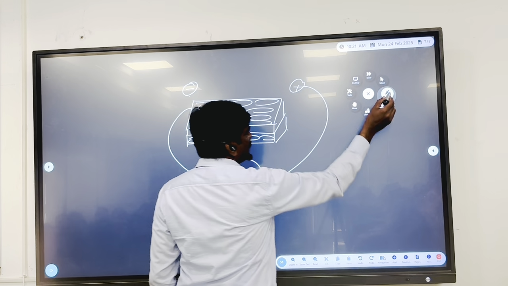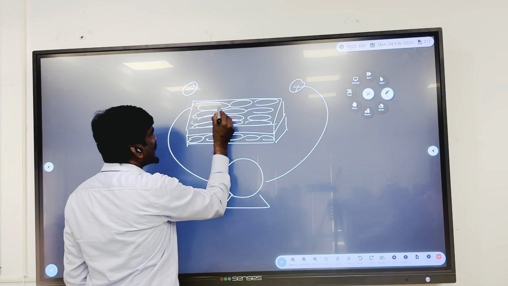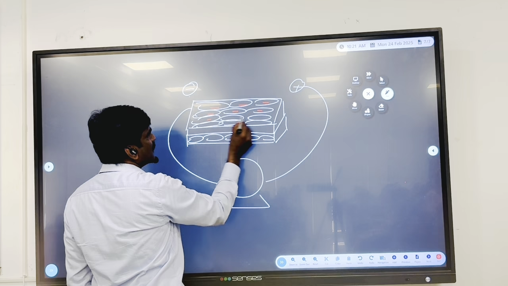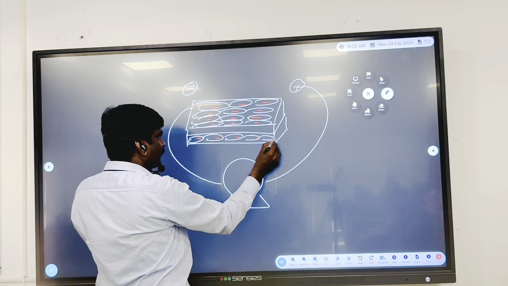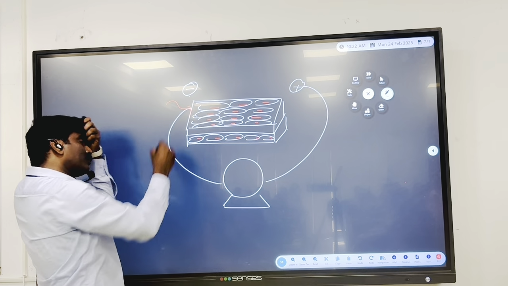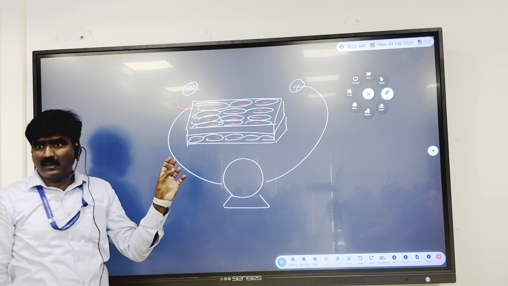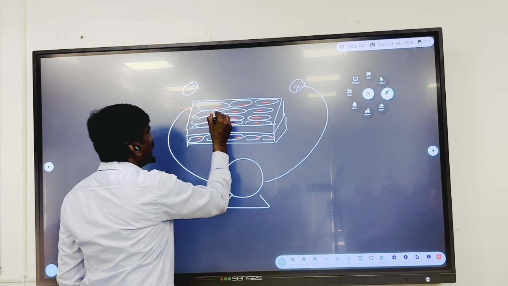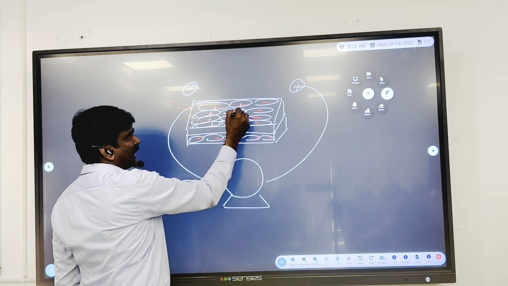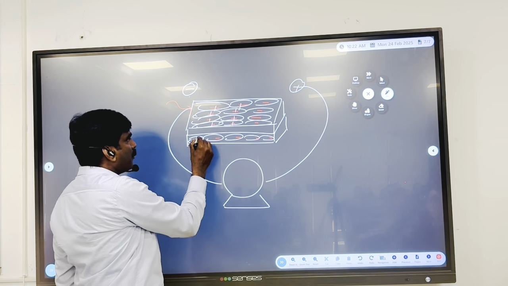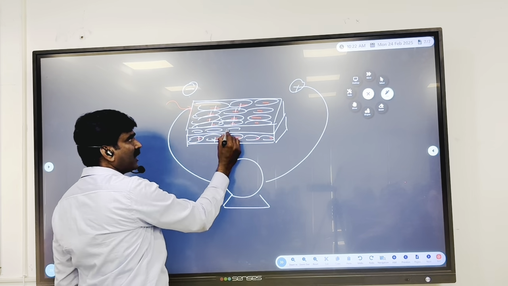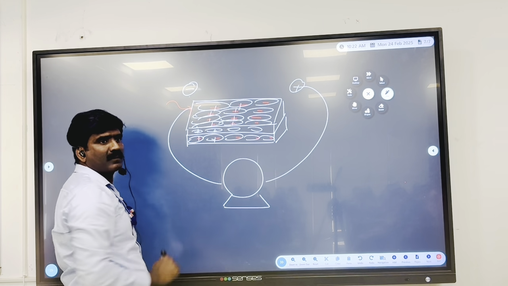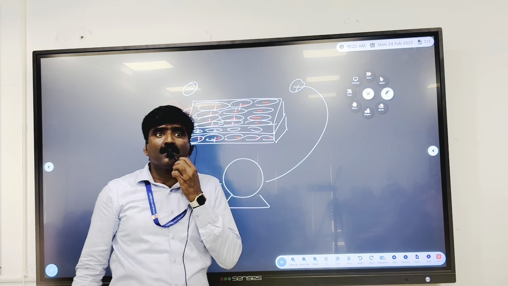Now what we discussed: first the cell is resting, right? When appropriate stimulation is given, what will happen? First cell will depolarize and then second cell will depolarize. But because the cell is thick, what will happen?